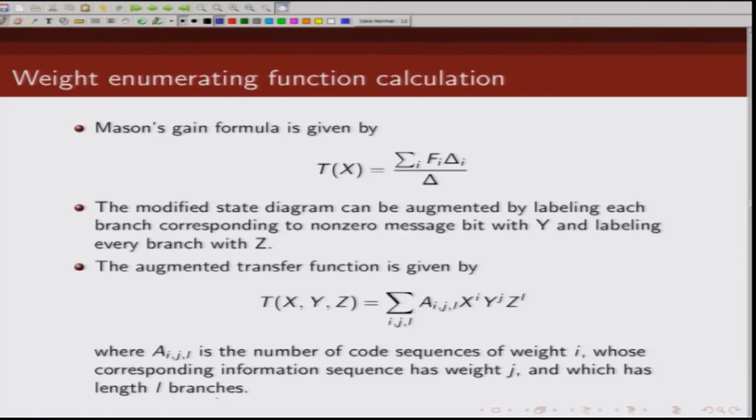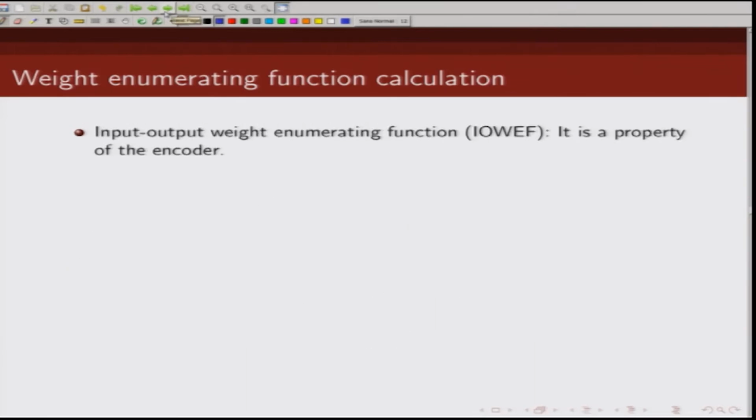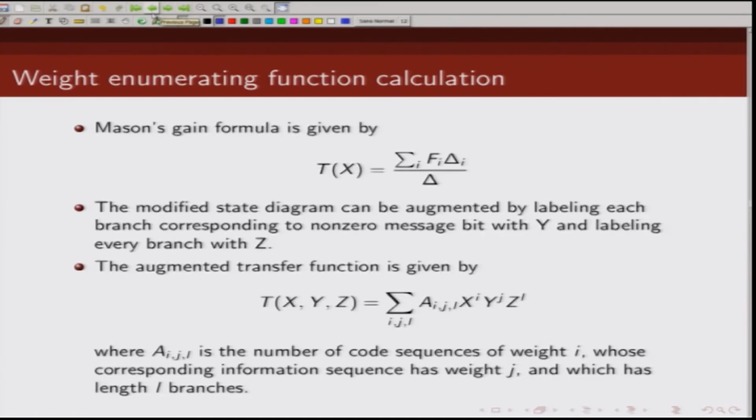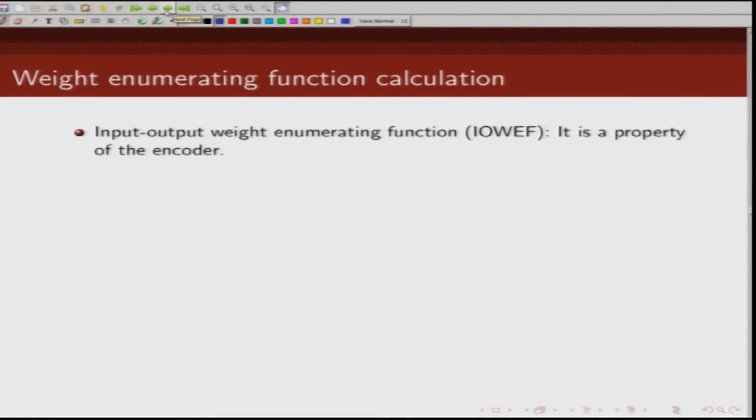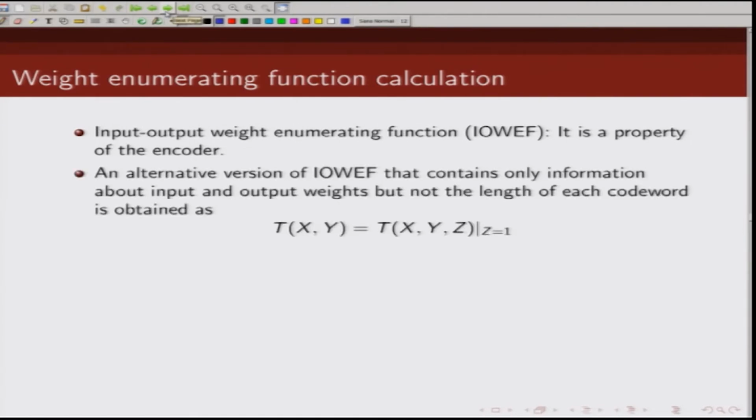By length I mean the time from when it diverges from the all zero state until it comes back to the all zero state. So, this is what we call the input output weight enumerating function, because this function is enumerating for what input you get what output. Okay. So, this will give us the input output weight enumerating function, and it is a property of the encoder.